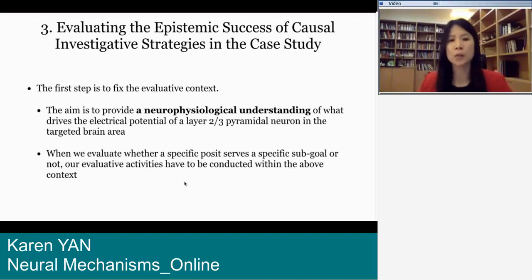So when we evaluate whether a specific policy serves a specific goal or not, our evaluative activities as philosophers have to be conducted within this context. It's about providing neurophysiological understanding.